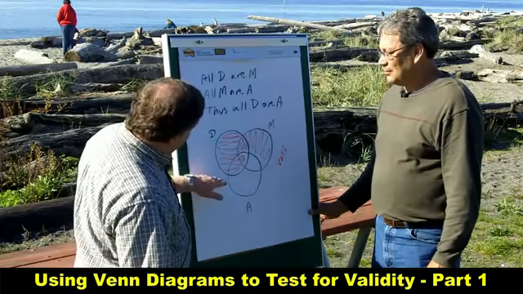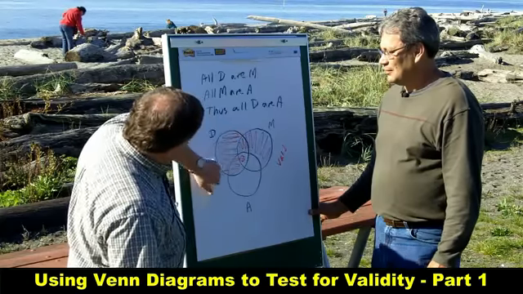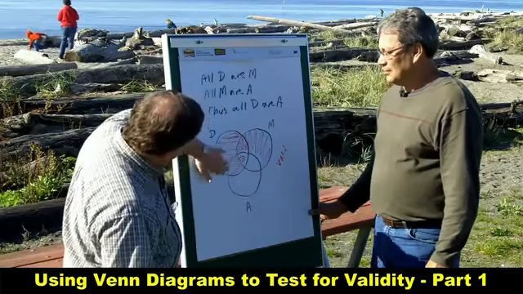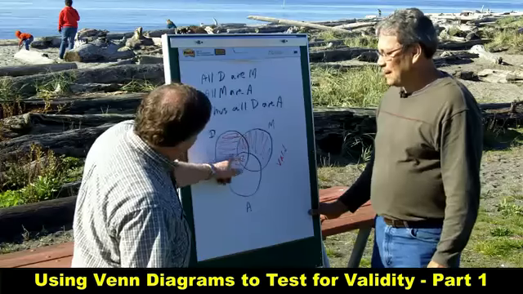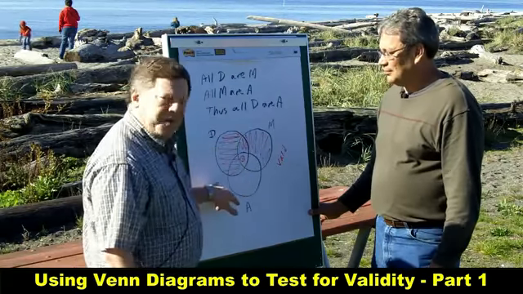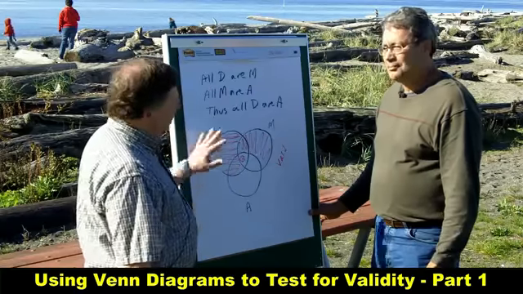Does it guarantee that there's no dogs outside the animal category? Well, he's shaded everything in the dog category that's outside the animal category. So there's no possibility of a dog that's not an animal, according to the information contained in the premises. And that proves the syllogism to be valid. Very good. Okay.